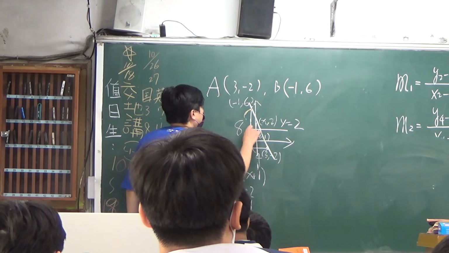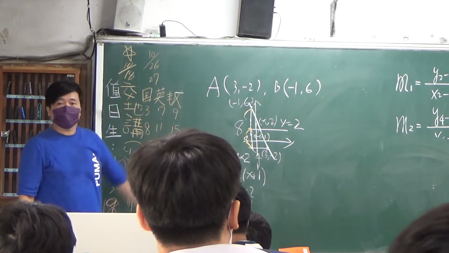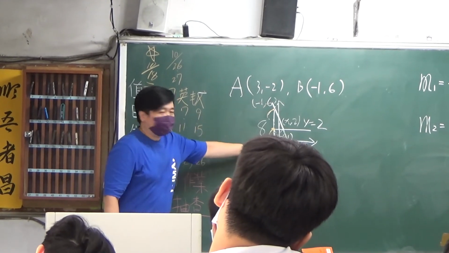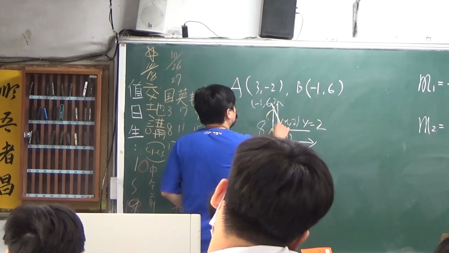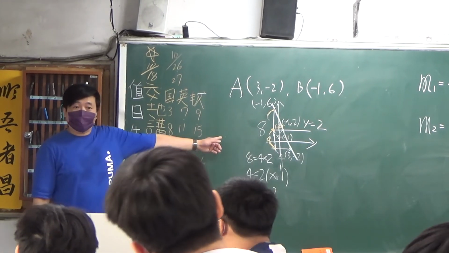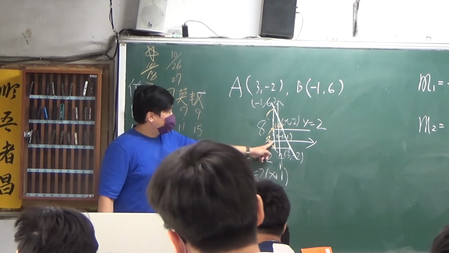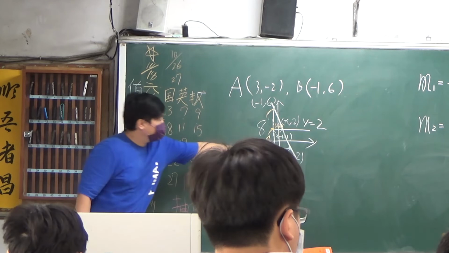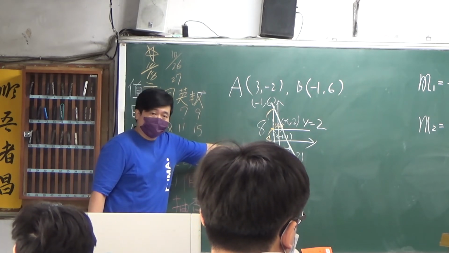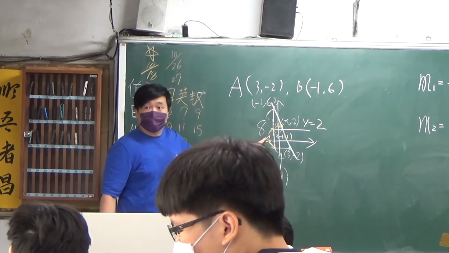Because this point, what's the coordinate? It's (-1, 2). And this point is (-1, -2). So the length of the side is 4.